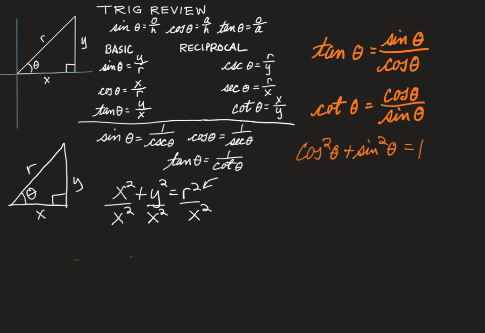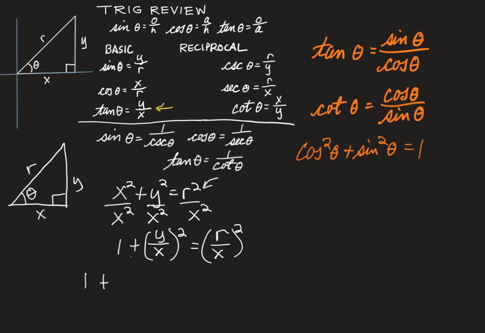Well, we would have 1, because x squared over x squared equals 1. We would have y over x squared, and that would be equal to r over x squared. Now, looking up at our functions above, that means we would have 1 plus y over x.